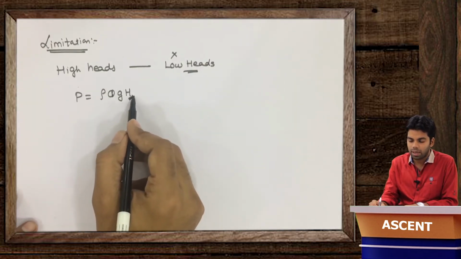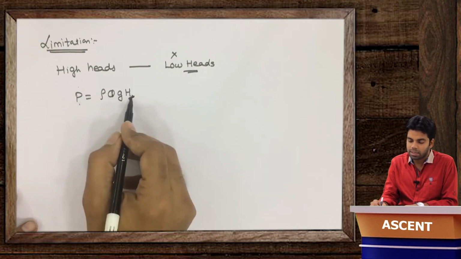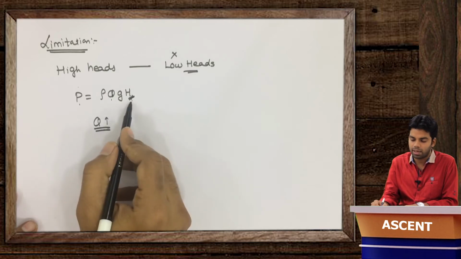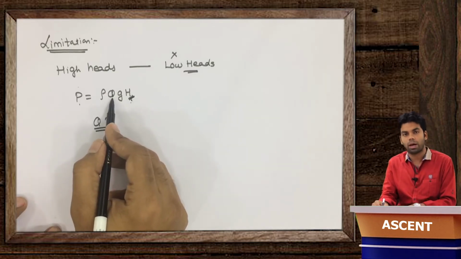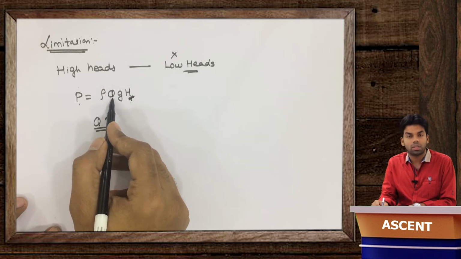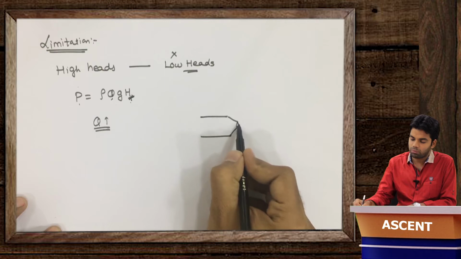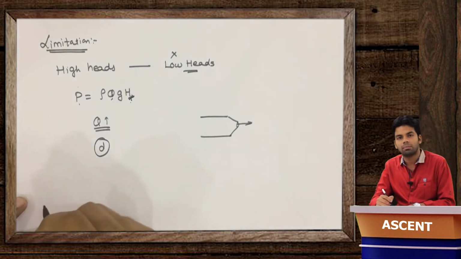Now if the head is low, just understand this thing. Obviously, more is the head, more will be the power. If the head is low, Q has to be high for maintaining the power. If we are working at low head, then obviously the discharge Q should be high. What does that mean? That means the jet diameter, the diameter from which the jet is getting discharged, this d should be high.